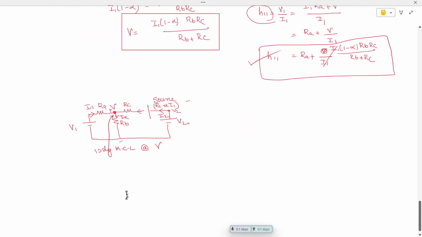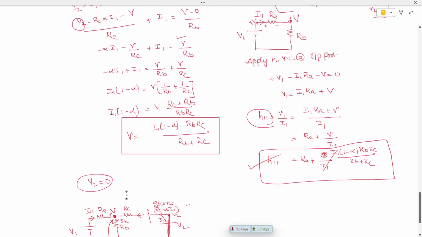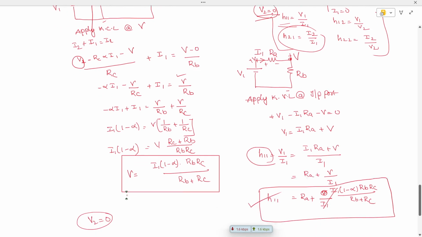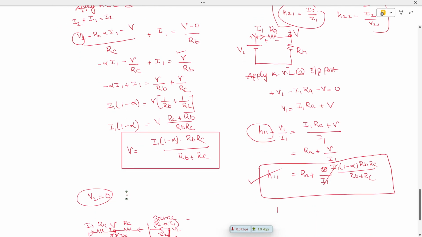What we already discussed is, all this we are performing under the condition V2 equal to 0, meaning V2 is short circuited. So whenever V2 is short circuited, we require the relation. So till now we have found H11, and now we have to find H21. The value of H21 we need to find should be in terms of current, I2 by I1 I require.